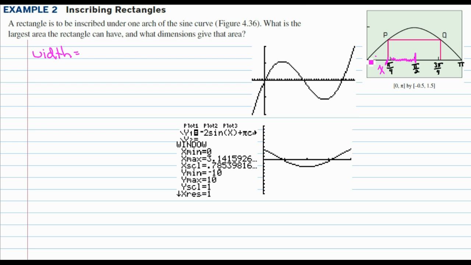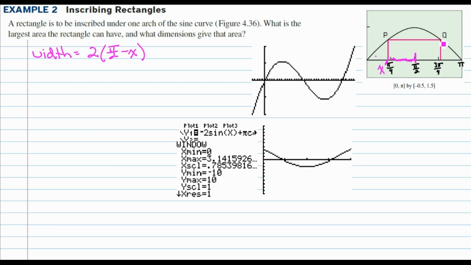So take out the distance from the y-axis to that x value. So pi over 2 minus x is this little space in here. But we have two of those because that's only to the center of the rectangle. The center of the rectangle is staying in the same spot, so I can easily centralize what I'm measuring off of that. So pi over 2 minus x times 2.